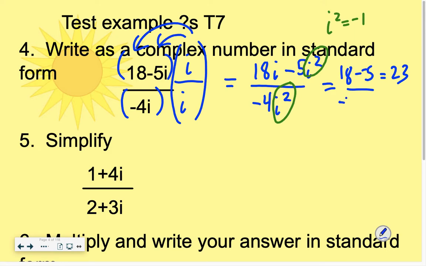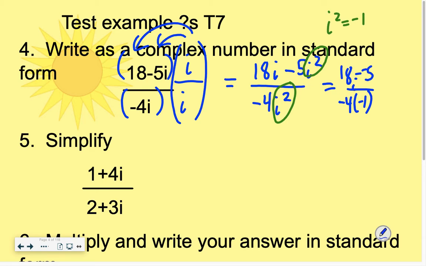And on the bottom, it's -4 times -1, which becomes +4. So the answer to this is actually a real number. There is no imaginary part. Oops, I'm sorry, there is. I made a mistake, didn't I? Because this should have been i.